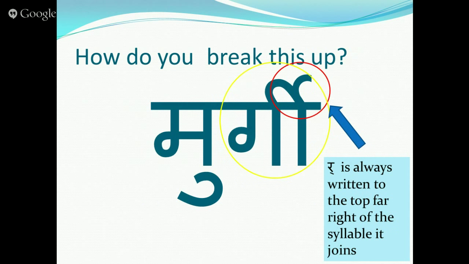So one thing to take note of here is notice where the ra is on top, the rodent on top of the tree branch. It is to the far right of the syllable. What syllable are we talking about? We're talking about gi. So when we draw this conjunct, the ra is always to the far right, no matter what syllable it is.